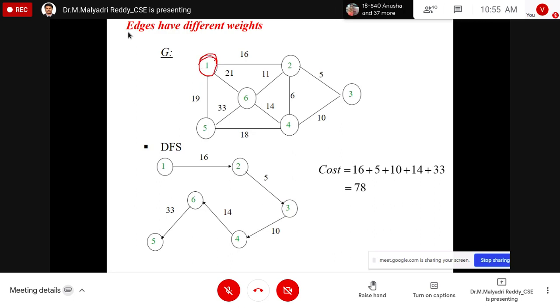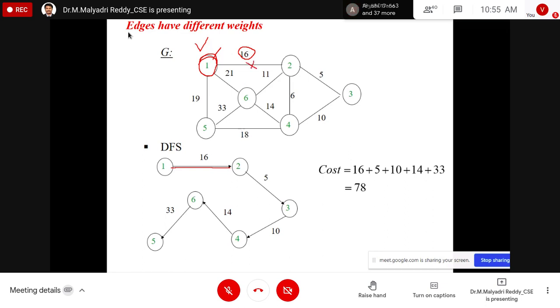Randomly choose one as the root. The first visited node is this one. From that, 19, 21, 16 and 3 branches are there. From these, generally the lowest is preferred. 16, that edge is included into the DFS.